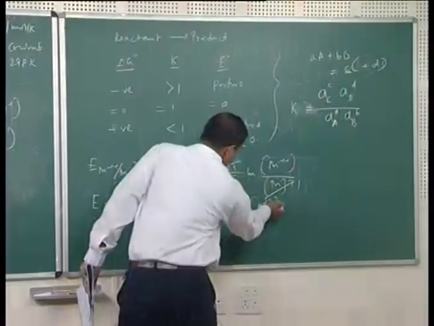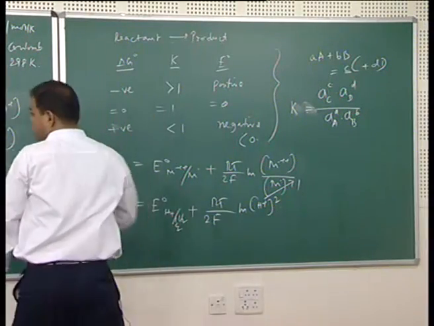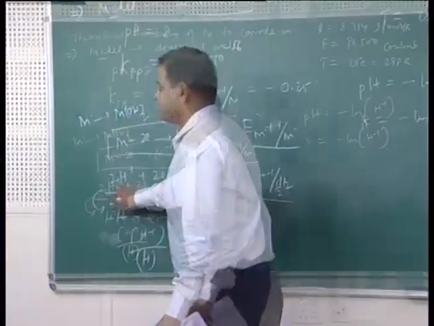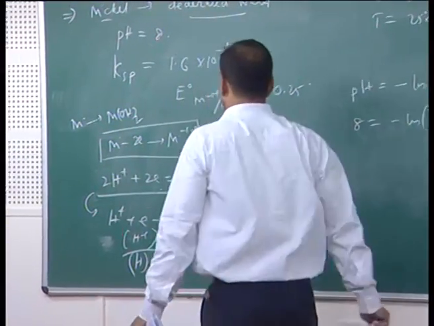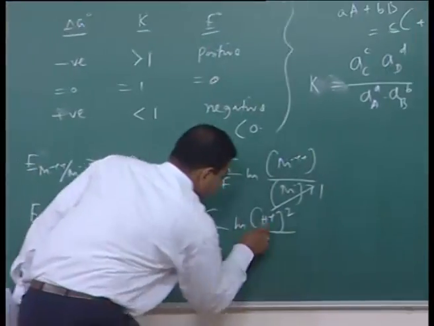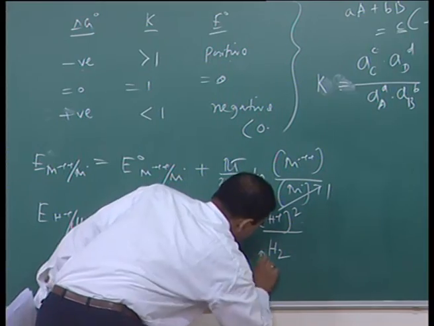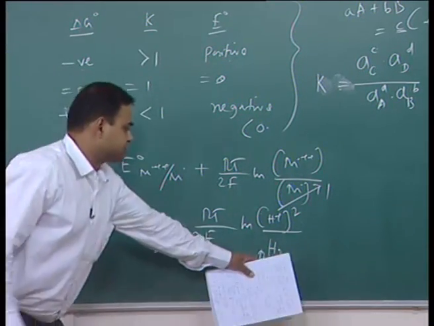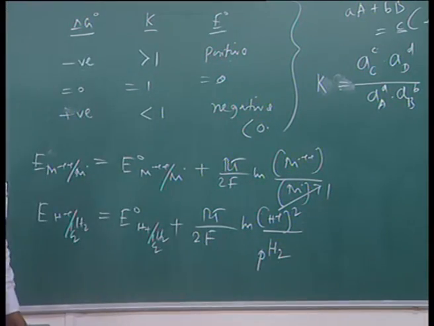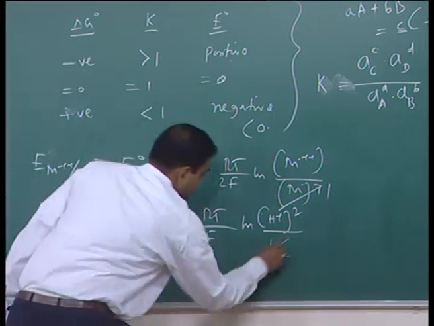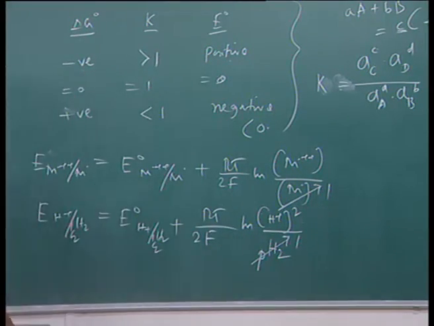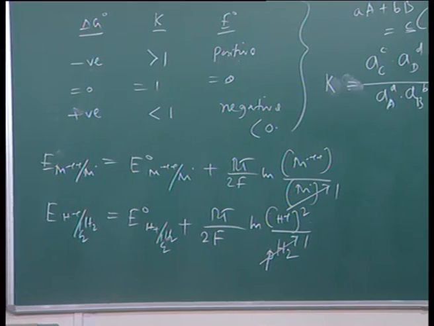So here also the power 2 appears because 2 hydrogen ions are involved, and H2 is a gas, so it is considered as PH2. This is also 1, since I am considering that this happens at 1 atmosphere pressure.